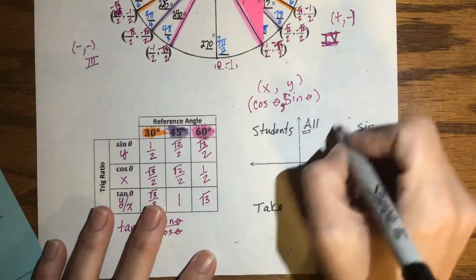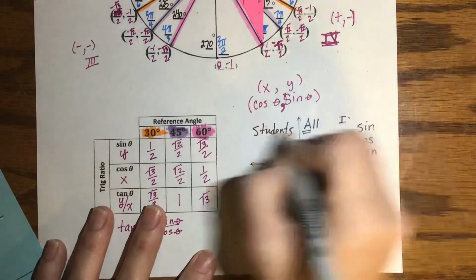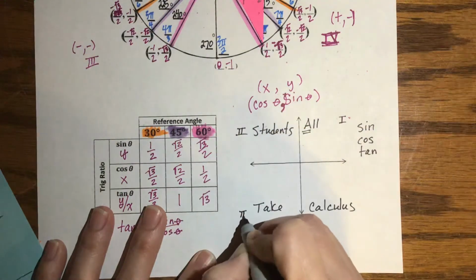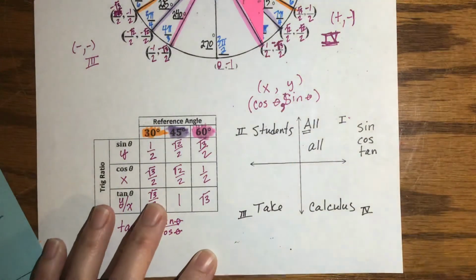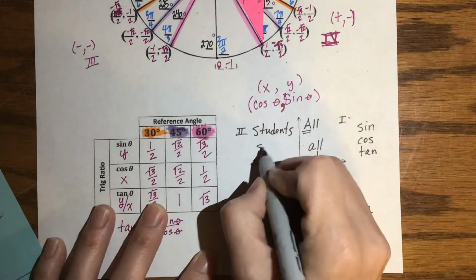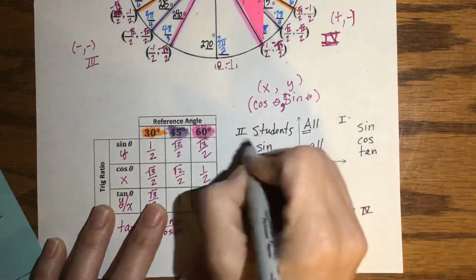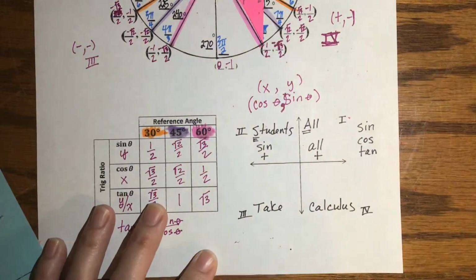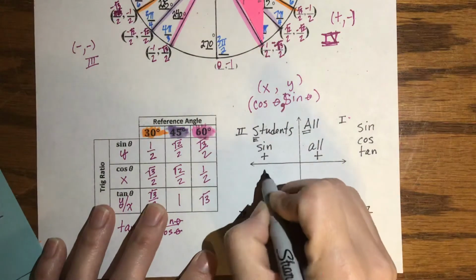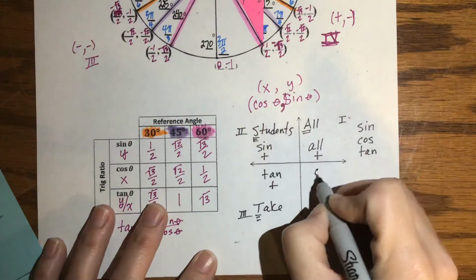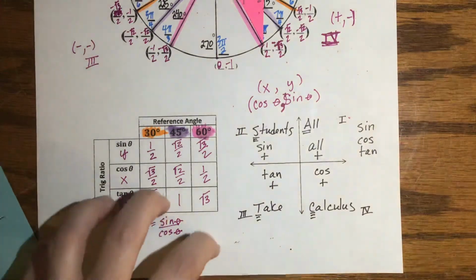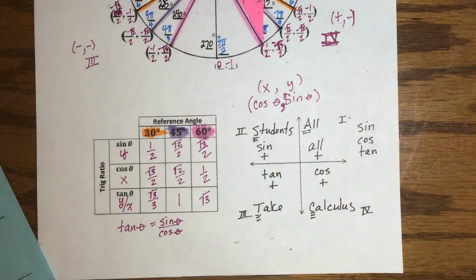In the first quadrant, all three of those are going to be positive. In the second quadrant, only sine is positive. In the third quadrant, only tangent is positive. And in the fourth quadrant, only cosine is positive. So we say all students take calculus to remember.